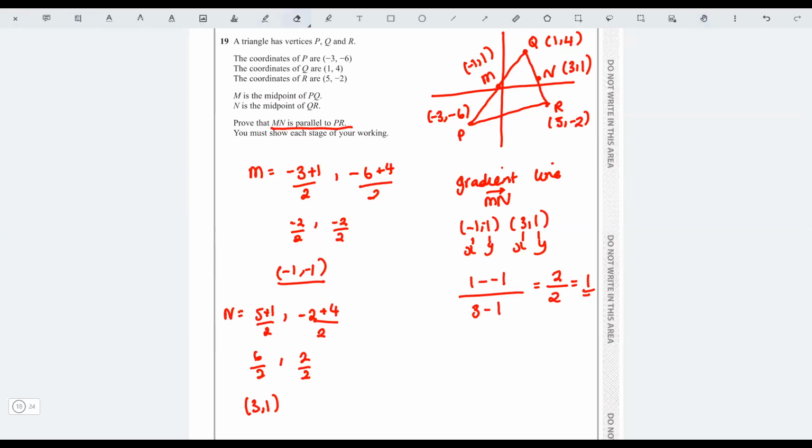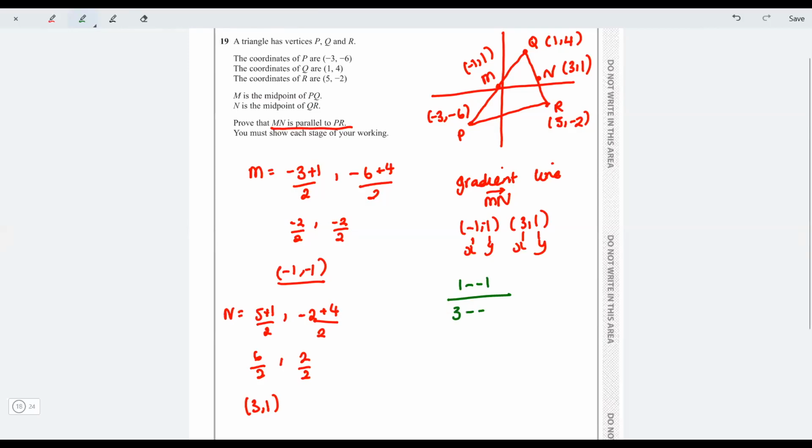Because, see, always double check with this style of questions. I've made the right thing at the top, but I've done the wrong thing there. So it is 1 minus minus 1, and x is 3, take away minus 1. That becomes 1 add 1, which is 2. That becomes 3 add 1, which is 4. So my gradient is actually a half, or 2/4. You can leave it as either one of those.